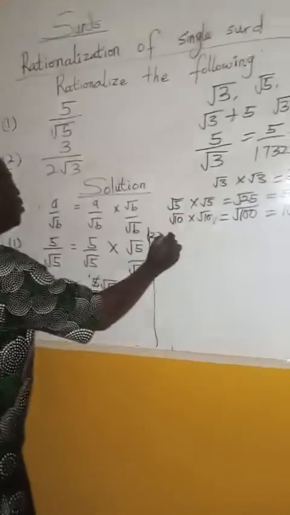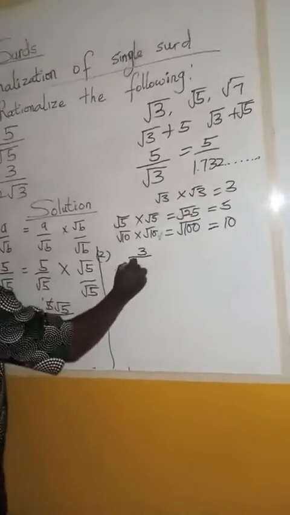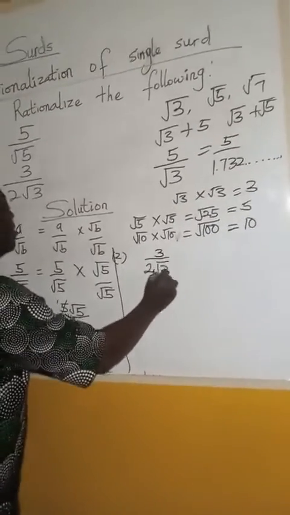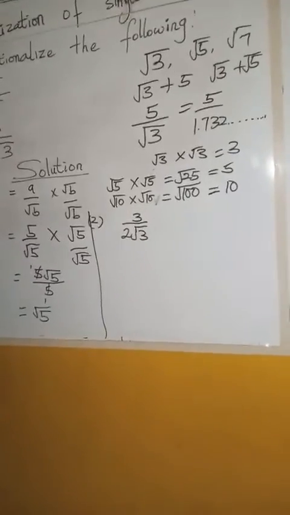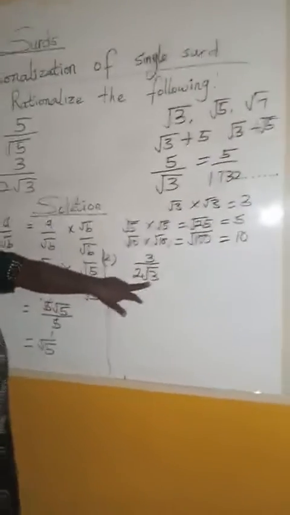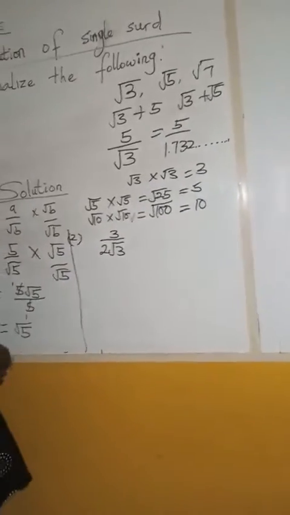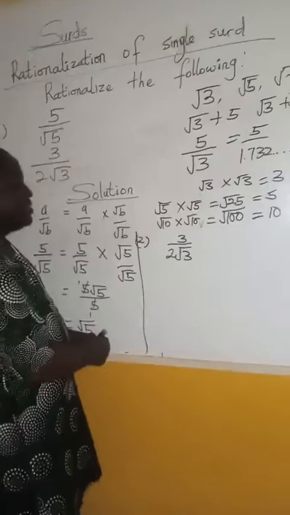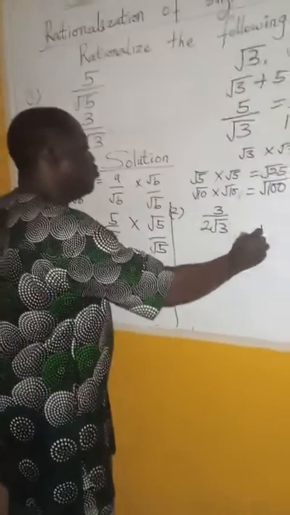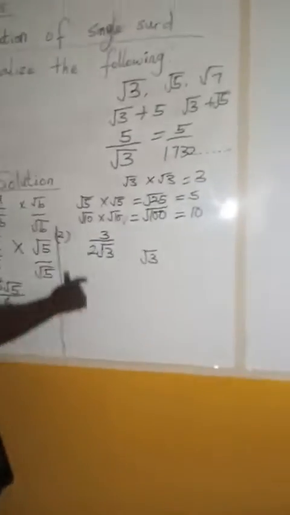Then question number 2. We also have 3 over 2 root 3. To rationalize this again means to change this denominator to a rational number. How do I change it to a rational number? I have to multiply it by itself, and that is root 3. But whatever I do to this, I have to do the same thing to the numerator too.